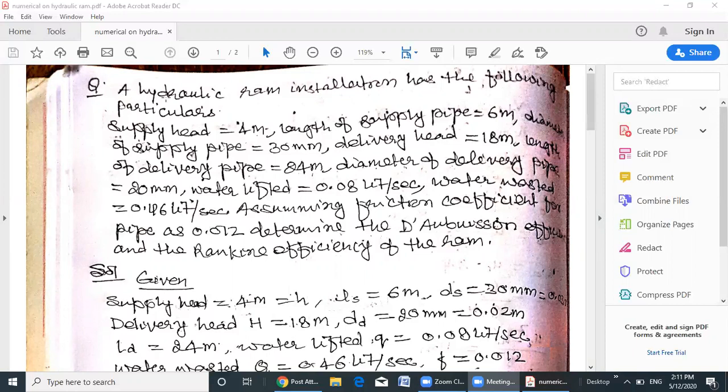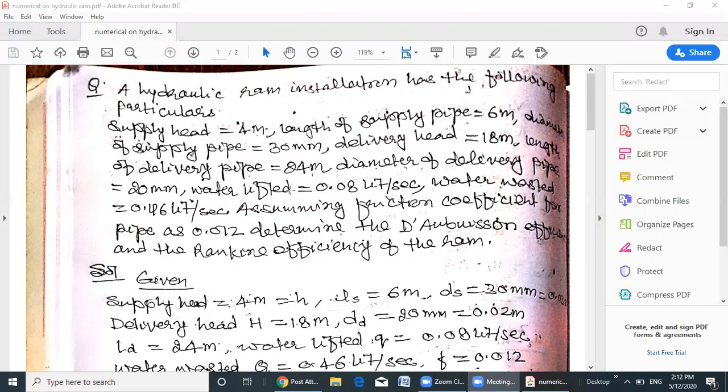A hydraulic ram installation has the following particulars. Supply head is equal to 4 meter. Length of supply pipe is equal to 6 meter. Diameter of supply pipe is equal to 30 mm. Delivery head 18 meter. Length of delivery pipe is equal to 24 meter. Diameter of delivery pipe is equal to 20 mm.